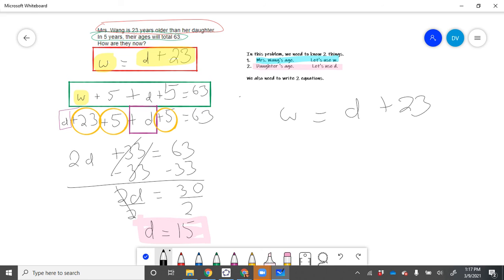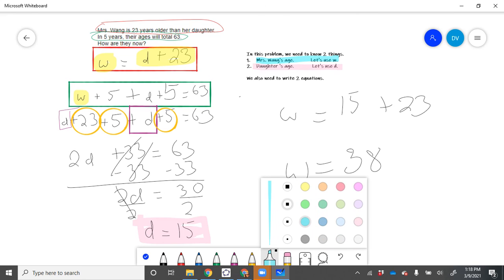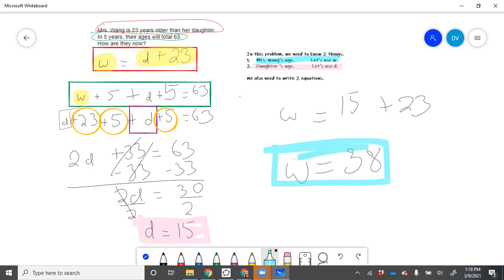And that D, we're going to be able to replace it with 15. So I'm going to erase the D and replace it with 15. And so now W is just equal to 15 plus 23, which is 38. And I'm going to highlight that with blue. So W is equal to 38.